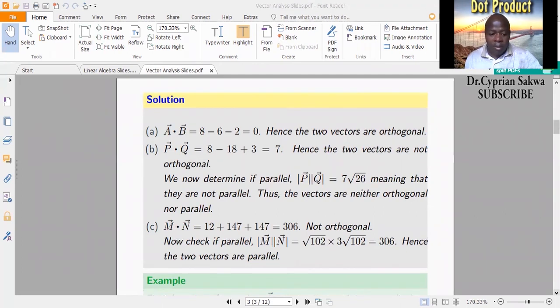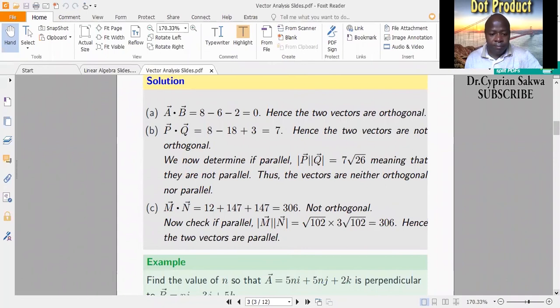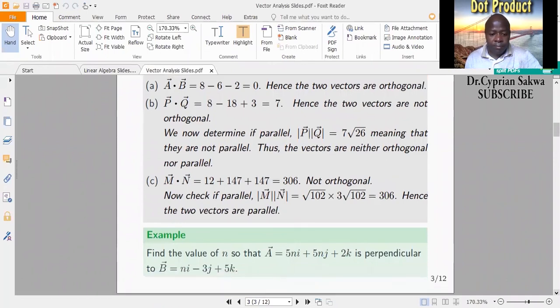Let's look at the last example. Find the value of n so that this vector is perpendicular to this. This one is very easy.